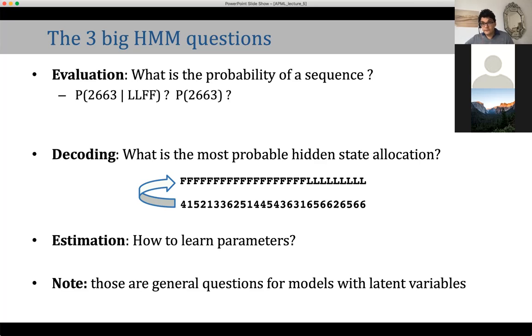So we can do both at the same time: we can learn the parameters and annotate the sequence. And those are questions that here I cast into the framework of hidden Markov models, but all models, also the models we will look at afterwards, where you have hidden variables you want to marginalize on, they will work on answering this type of question.